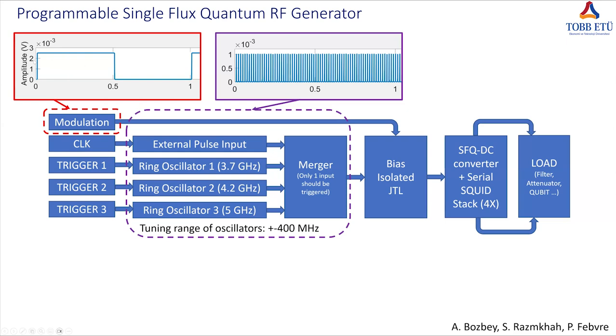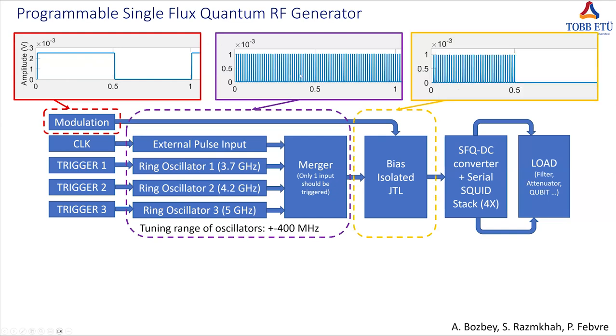Then you adjust the on duration and off duration of the circuit by some outside pulse generator. Then if you multiply this modulation signal and pulse train, you can get such an output. So by adjusting the on duration of the modulator, you can now determine the duration of the pulse.